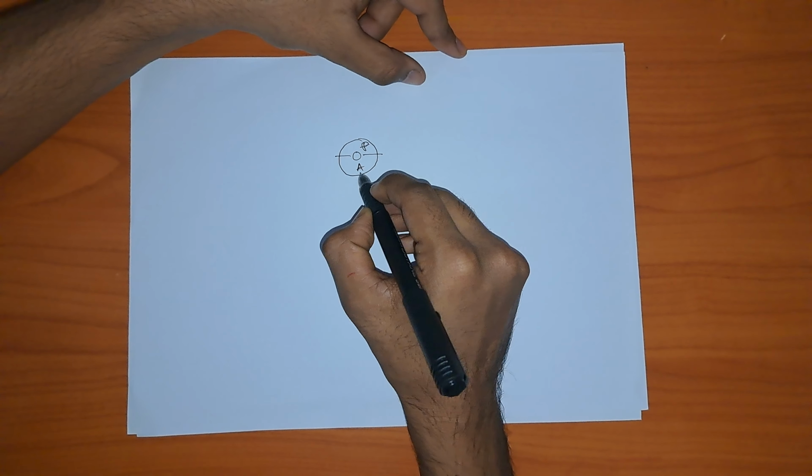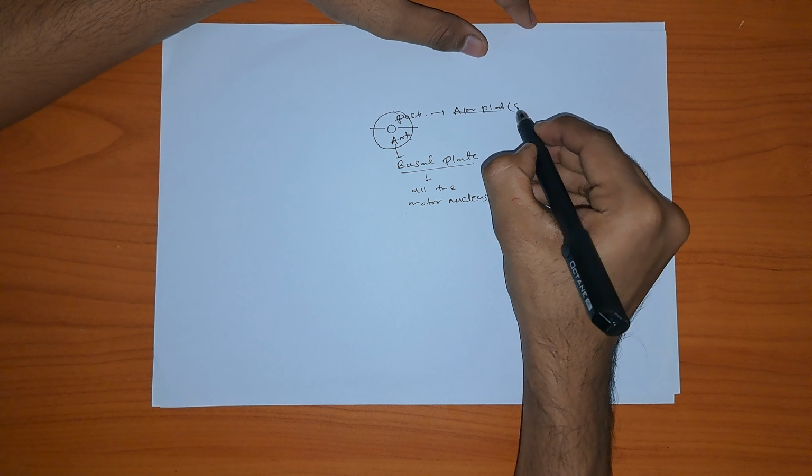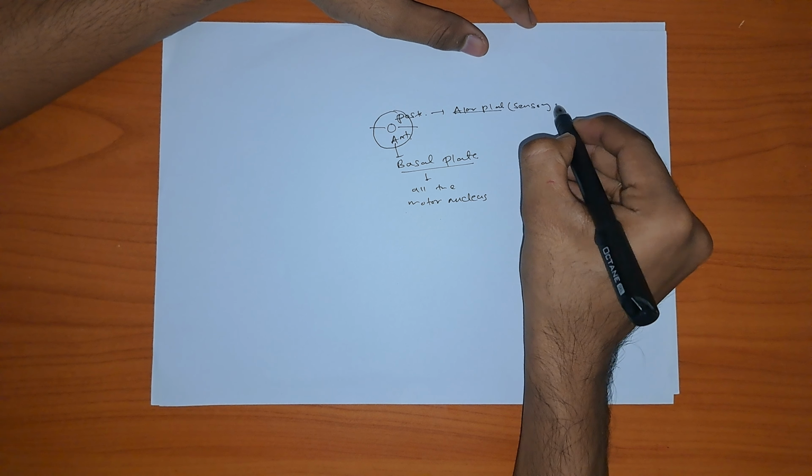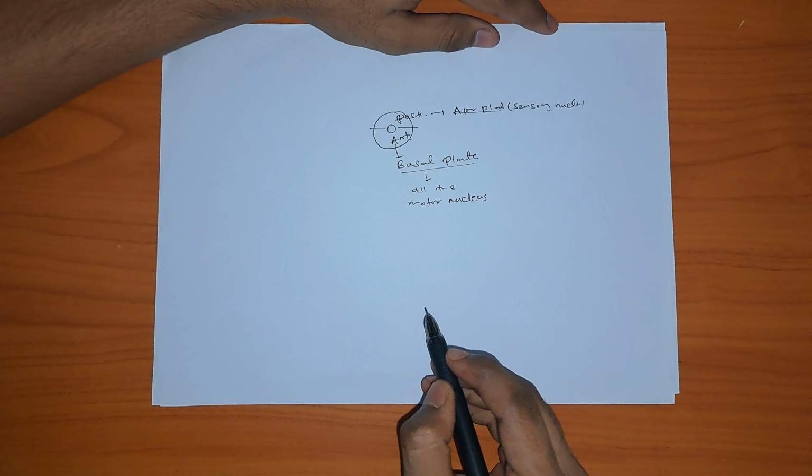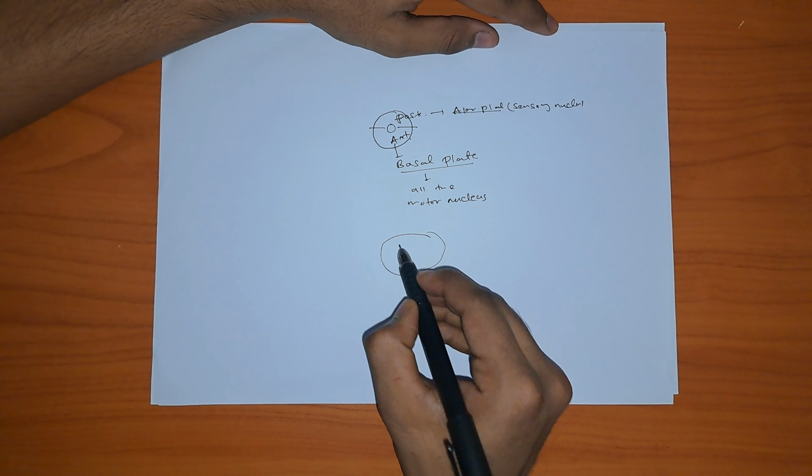Okay, so the anterior portion, the basal plate, carries all the motor nuclei, and the posterior portion, the alar plate, carries all the sensory nuclei. You can see it in general also. Suppose this is the spinal cord.